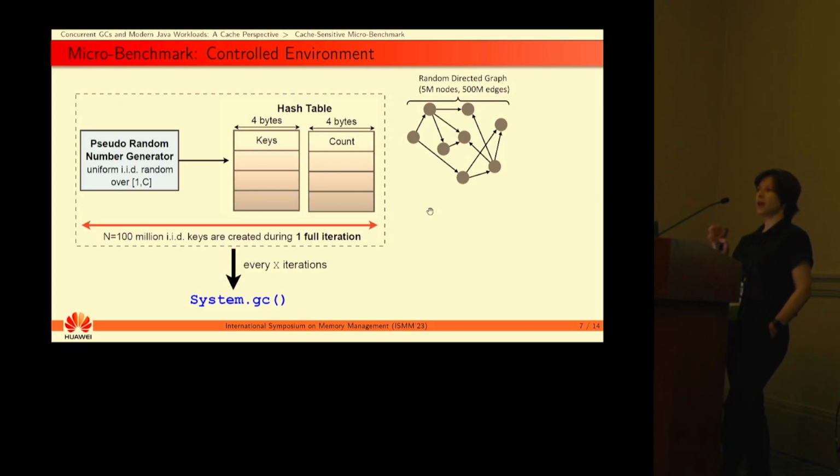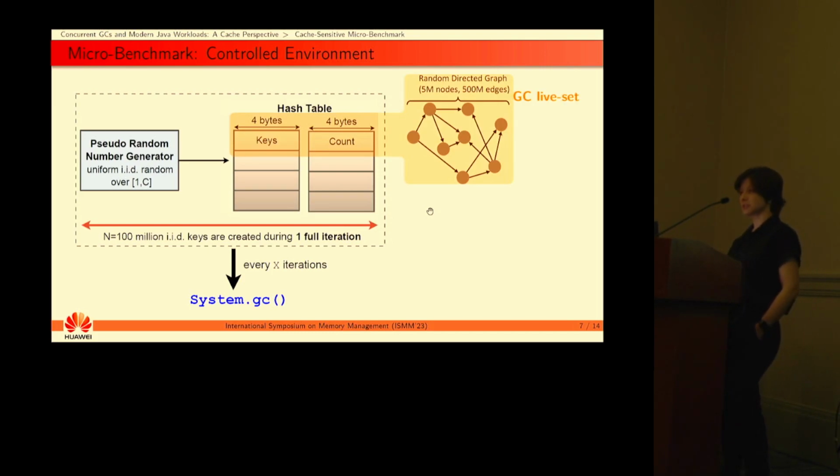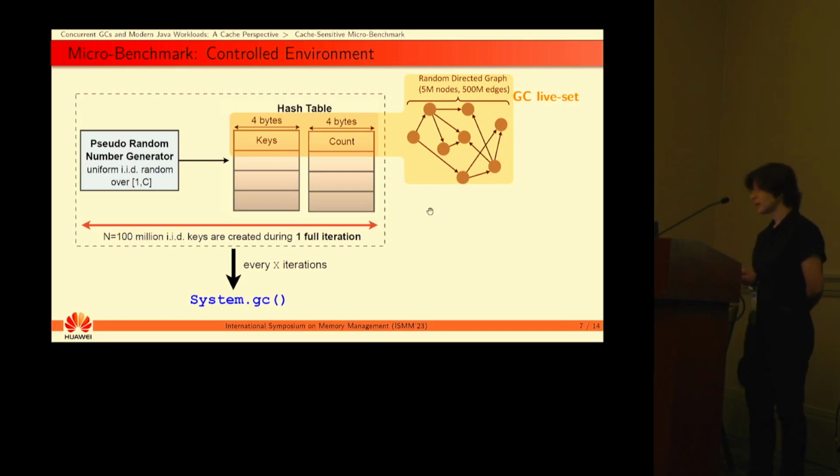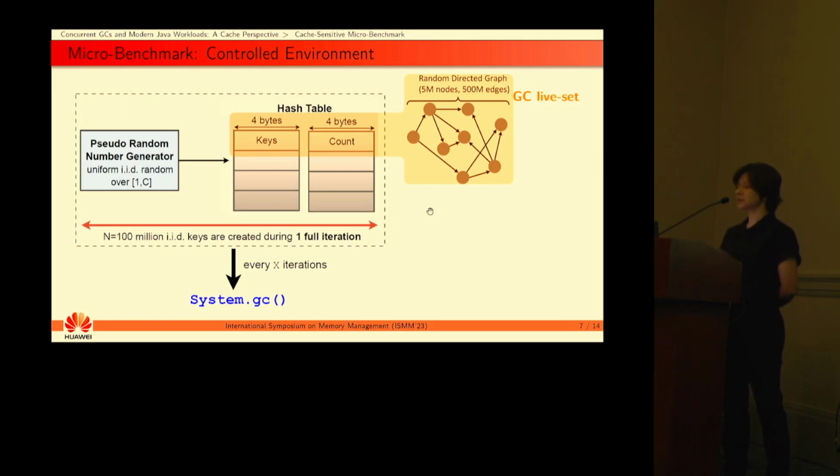Basically, the GC will have to go over this and mark it in every GC cycle. As such, this will be the GC's live set. This and the header of the two int arrays.